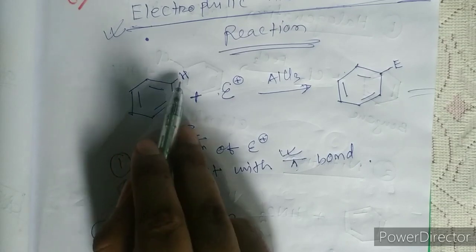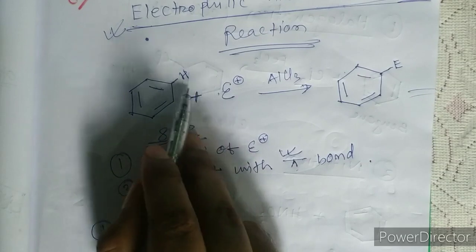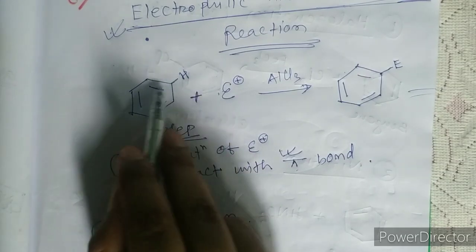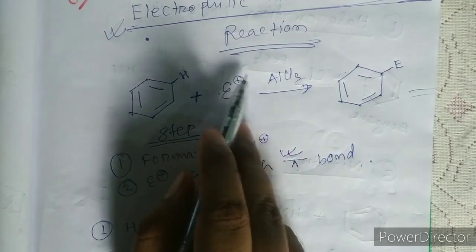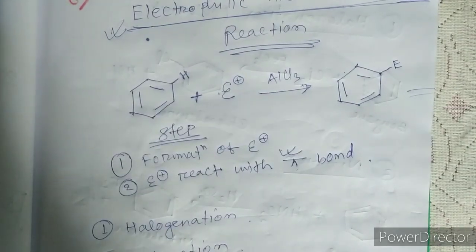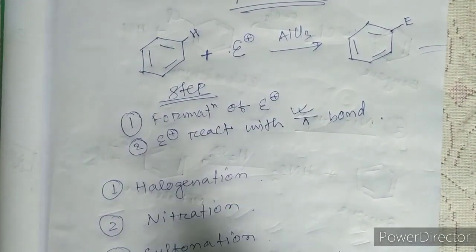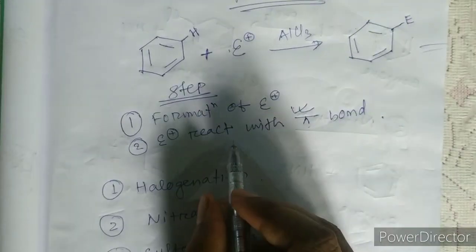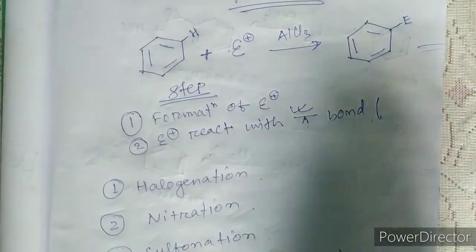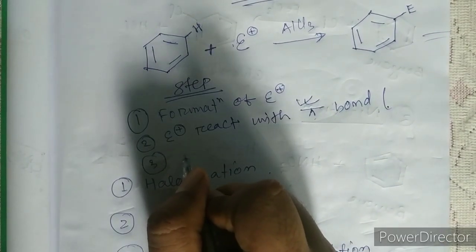I am showing this pi bond because I labeled this hydrogen, so this pi bond will make a bond with this electrophile, and later on this H plus will be released from here. In my next video I will explain this very nicely, but today I am just giving some idea about the electrophilic aromatic substitution reaction. So the second step is the electrophile reacts with the pi bond, they are just making their bond. And the third is deprotonation, or removal of proton.